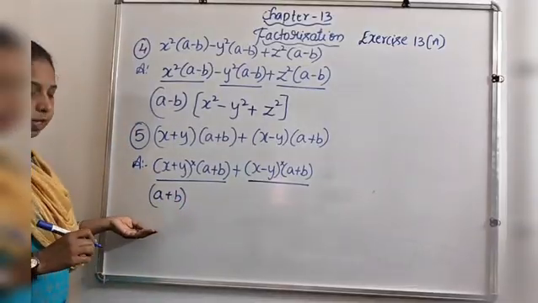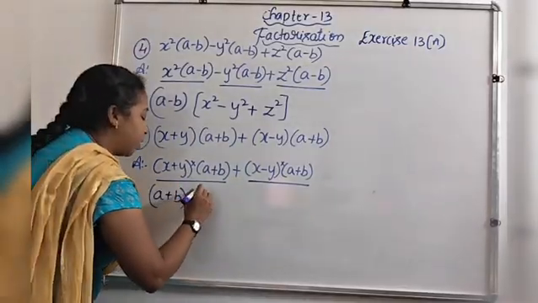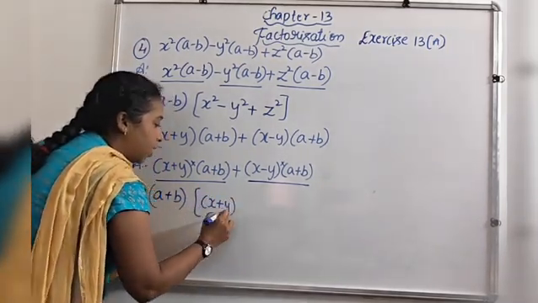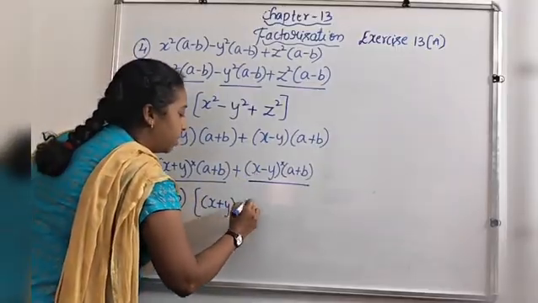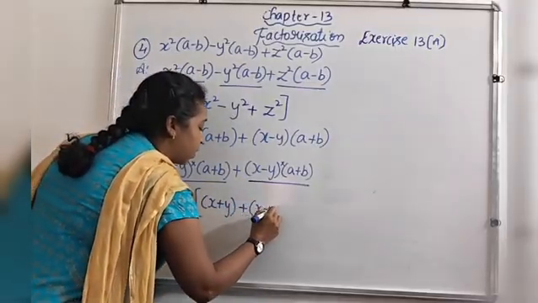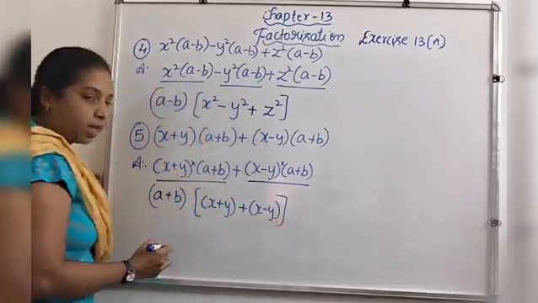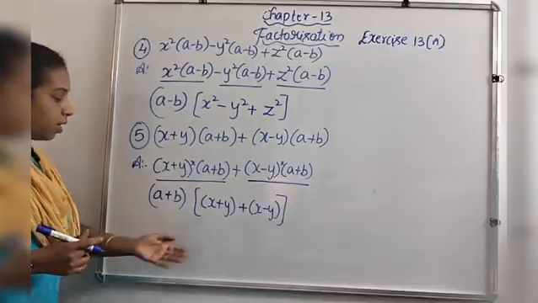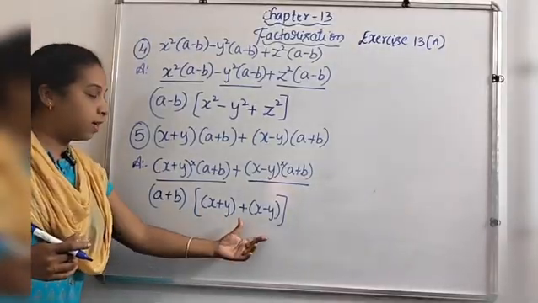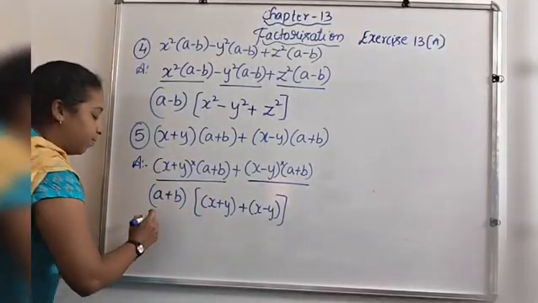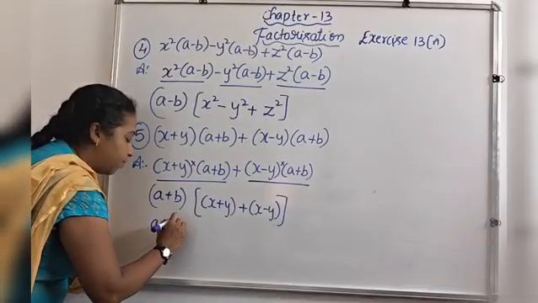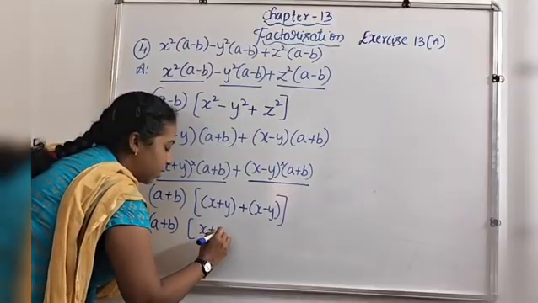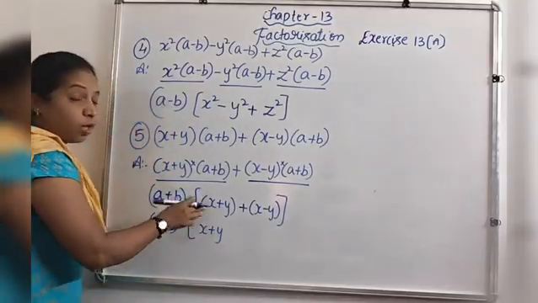If I take a plus b, then here remaining is x plus y, then here beside plus, and here x minus y. Right? Yes. So now we'll remove the brackets inside the big bracket.